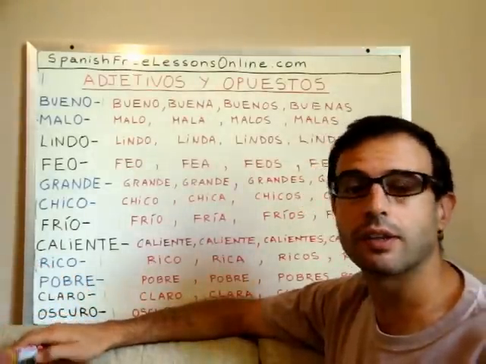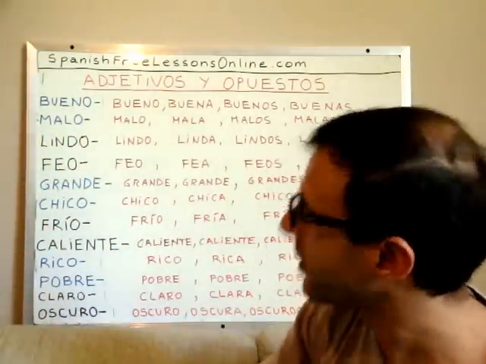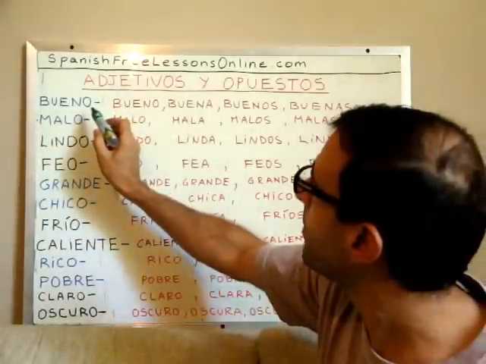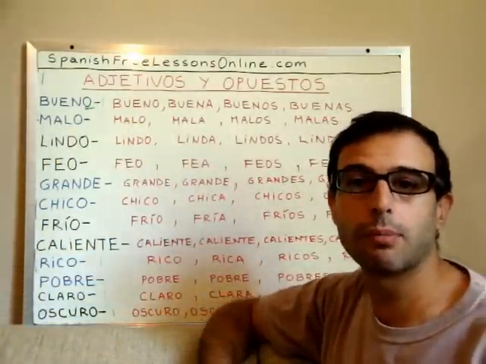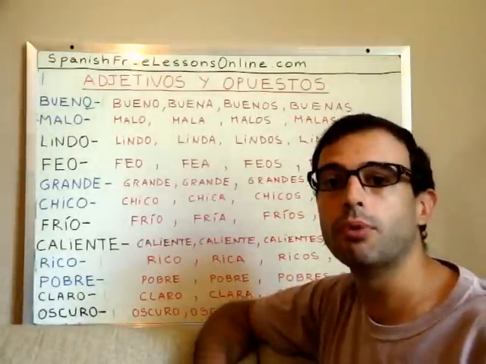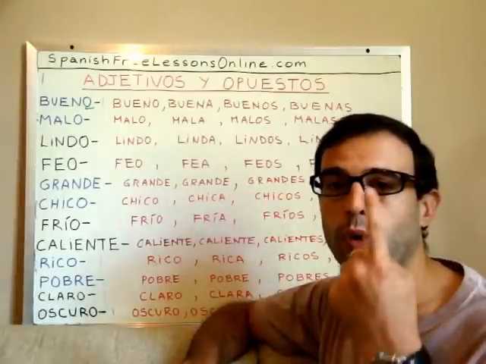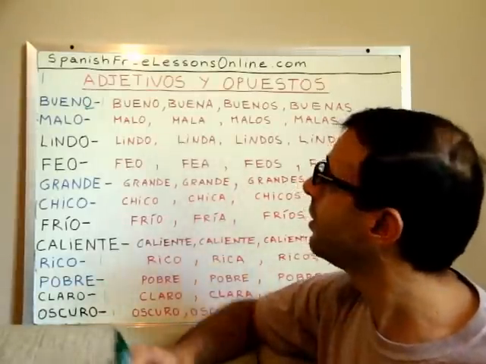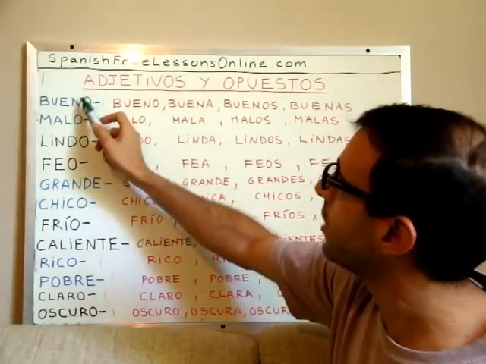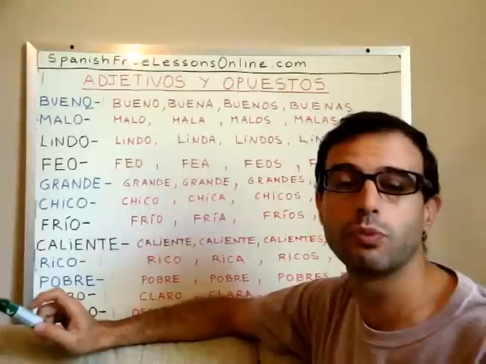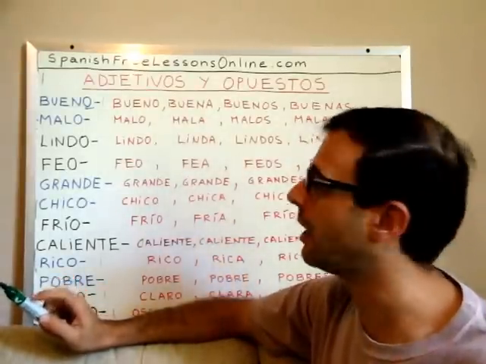So we've seen that bueno, with an O at the end, refers to a masculine singular noun, as for example, el niño, the boy. El niño is a masculine singular, it's one boy. So it would be el niño bueno. Bueno would end with O because it refers to a masculine singular noun.